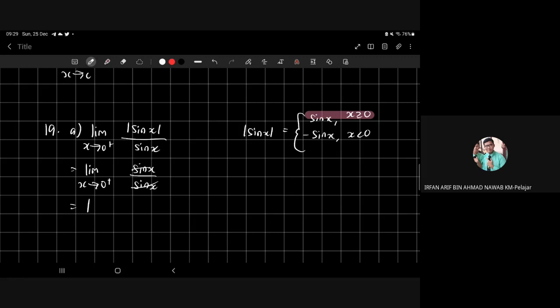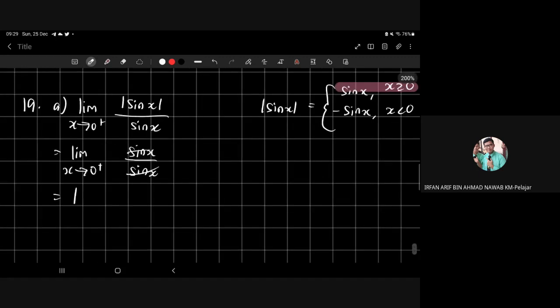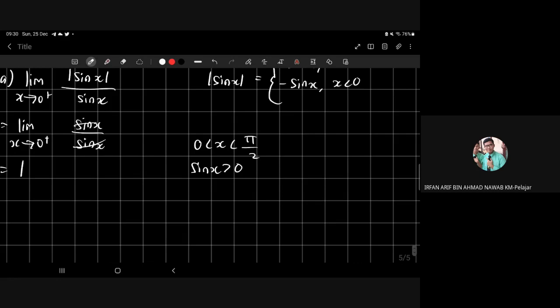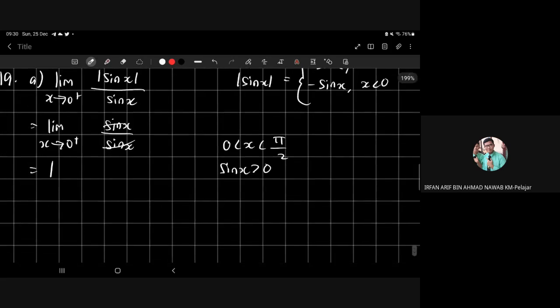Or we could do this. We know that in a range from 0 to pi over 2, the values of sine of x are always larger than 0, right? And if I graph it out, graphing is really good if you know how to graph.